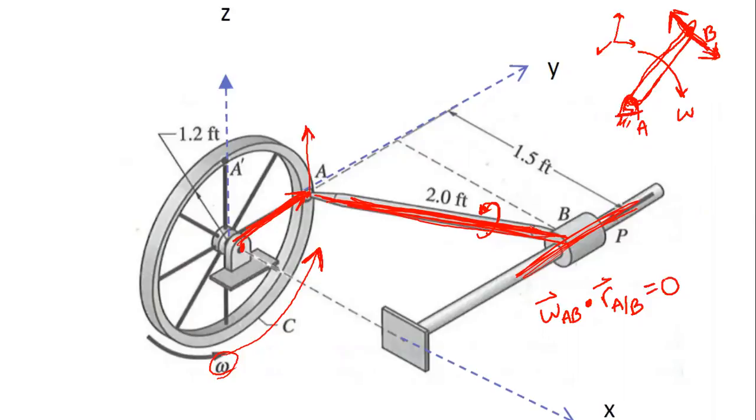So the omega of AB could be in the I, J, K. The omega of AB, yeah, at any given instant in time, it could have omega X, omega Y, and omega Z components. At some instants of time, stuff may stop, especially like here, where it might be the farthest out at that instant shown.